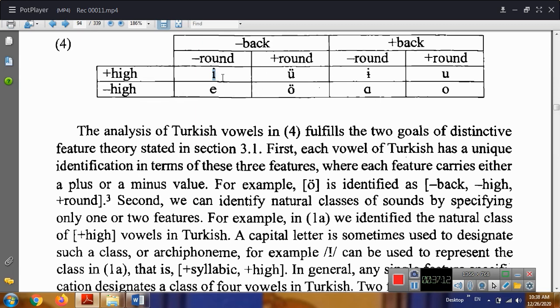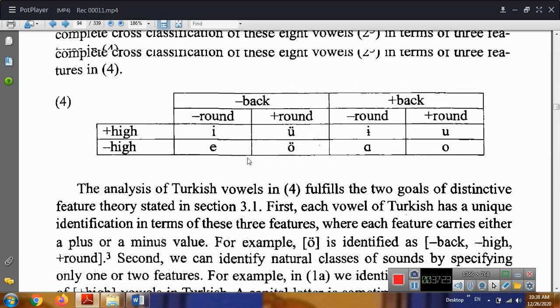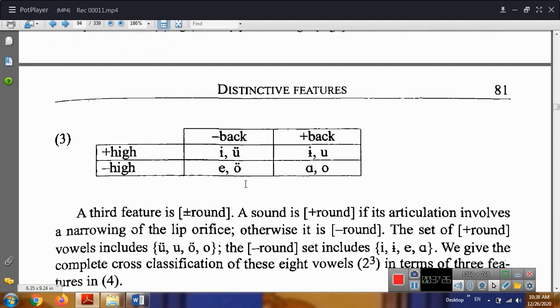For each single sound which you can see here, we should have 3 distinctive features. And when we want to define 2 vowels in Turkish, we should have 2 distinctive features. For example, when we want to show A and O, we should have these 2 features.